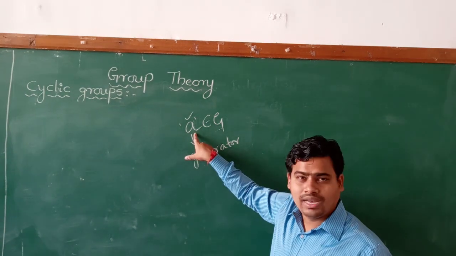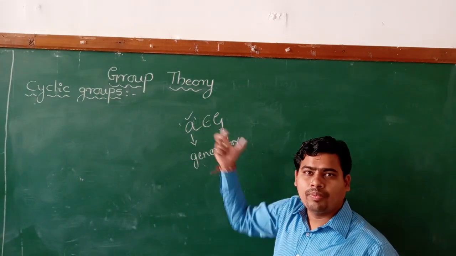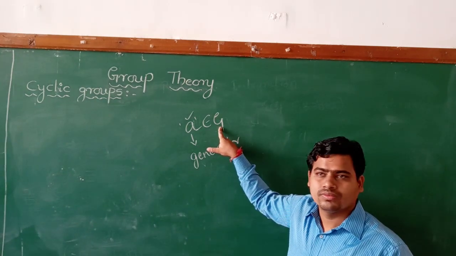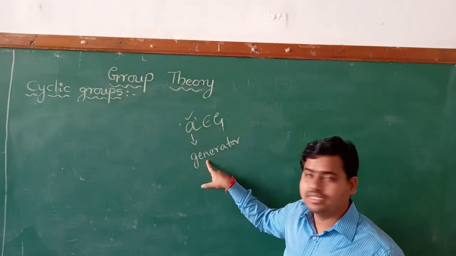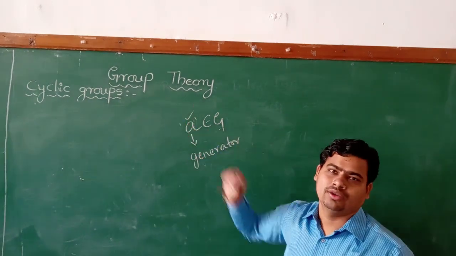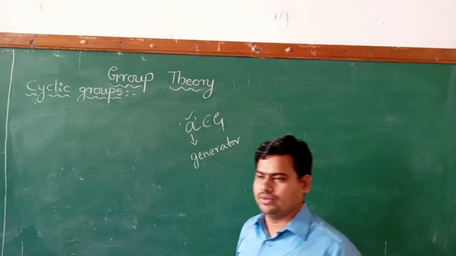By using this element, we can obtain all the elements present in this group. That element is said to be a generator and that kind of group is called a cyclic group. Let's see the definition.